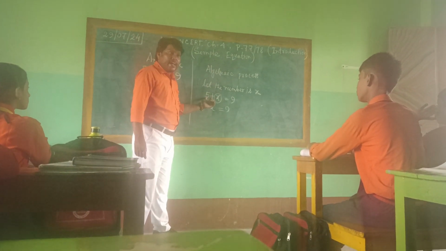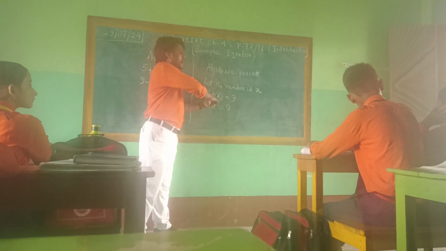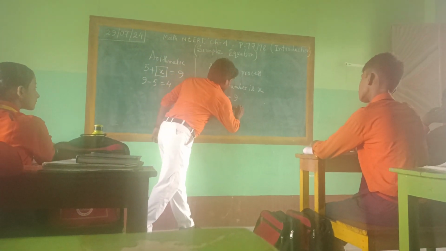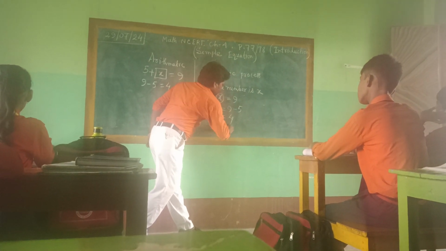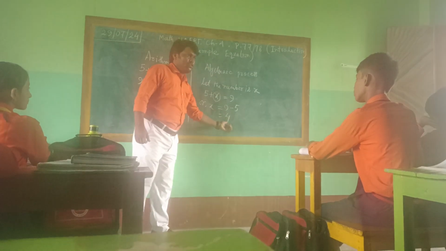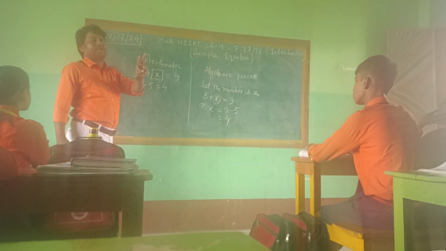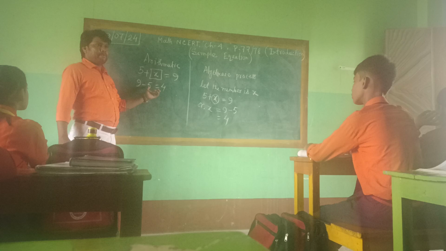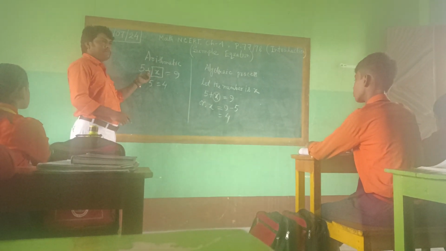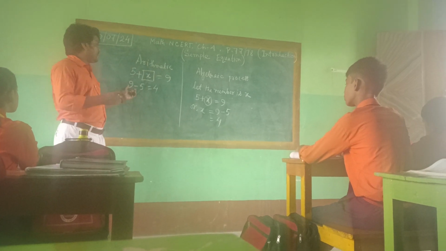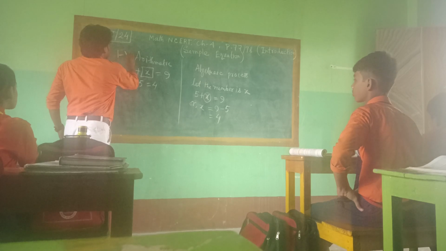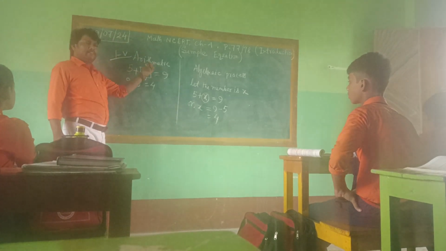Now 5 will be transposed to the right side also. So 9 minus 5 gets 4. The result was also 4, but the two methods are different. Up to standard 4-5, you have applied this process: what should be added to something to get a number, what should be subtracted from a number to get another.